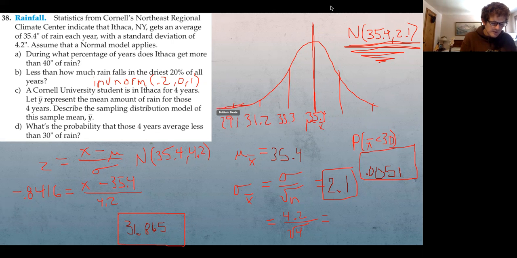And then somewhere in here is kind of a cutoff that says this is the 30-inch mark. So a 4-year average of 30 inches of rain would be pretty unlikely. We can already see that just from a picture. So if we draw the picture here, and I'm not worried about the stuff over here, those numbers don't matter for us. But in this picture, I can see it's already pretty unlikely.